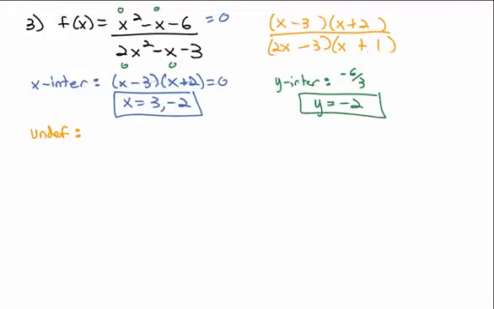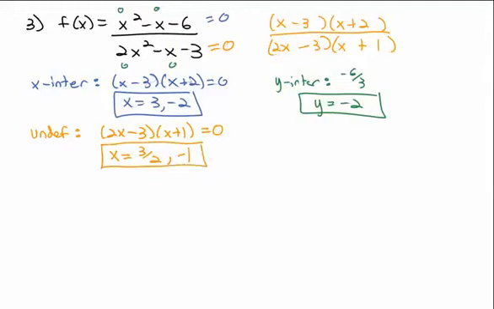It doesn't look like anything's going to reduce out here either. So let's make them both vertical asymptotes. We make the denominator equal to 0. 2x minus 3 times x plus 1 equal to 0, which means x equals 3/2 and negative 1 when we add the 3 and divide by 2.